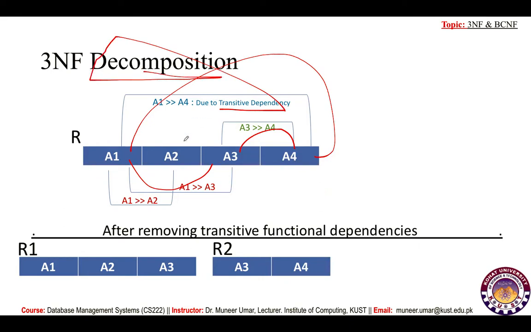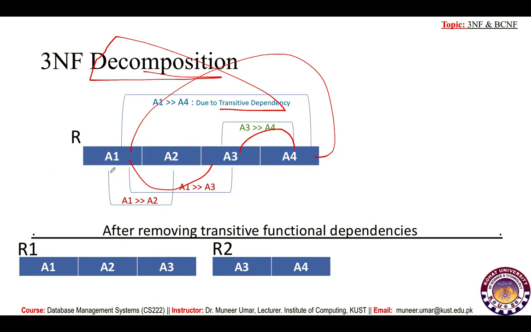So what we do, we decompose this table into two new tables. Here we will create two new tables, R1 and R2. In R1 we will have attributes A1, A2 and A3 according to these dependencies.